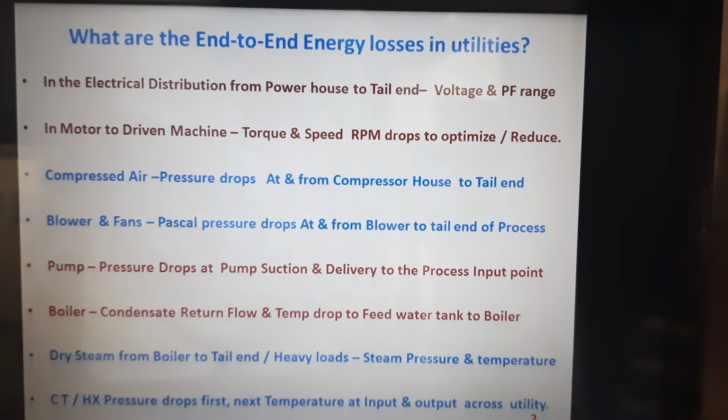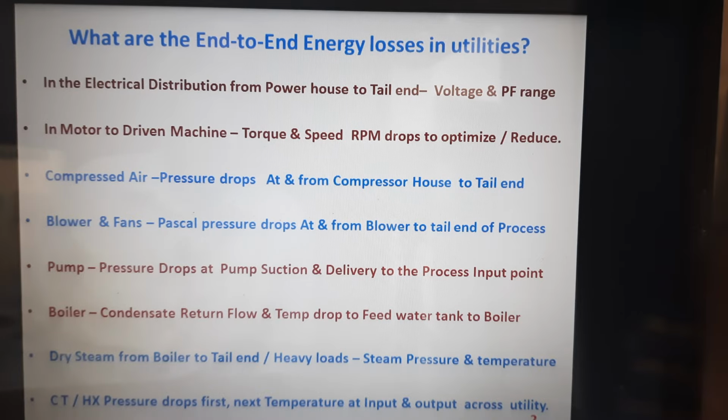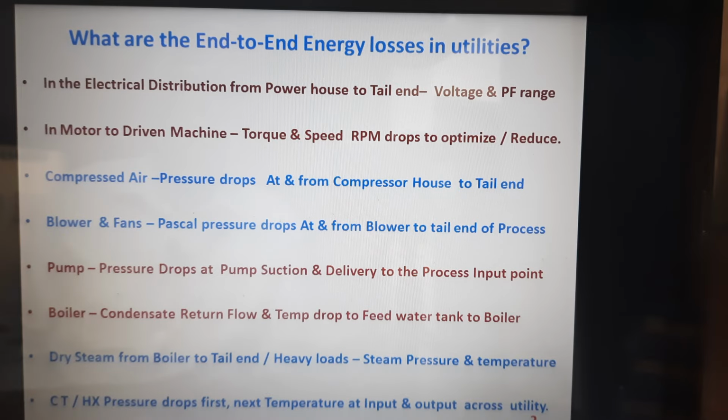So, where are the end-to-end energy losses in the utilities? To start with, in the electrical distribution, from the powerhouse to the tail end, there are voltage drops, and the PF is maintained at unity power factor at the powerhouse but is almost around 0.5 to 0.7 lagging at the load ends.